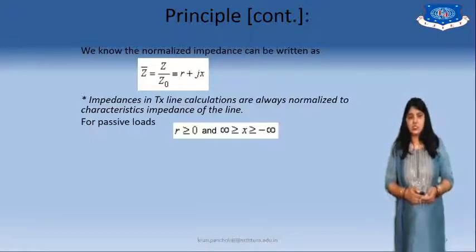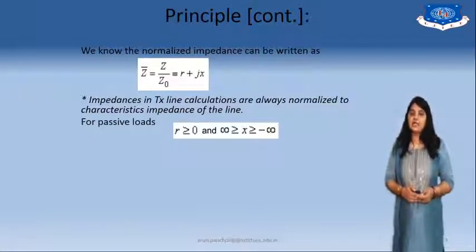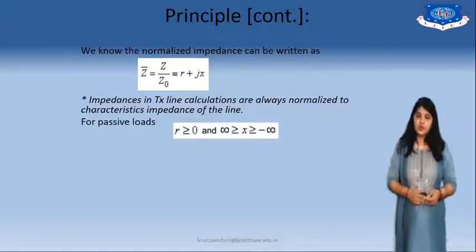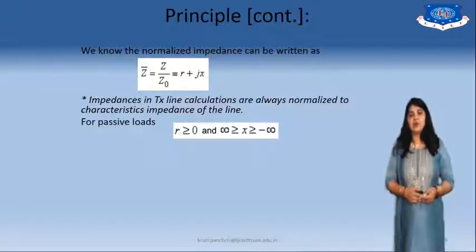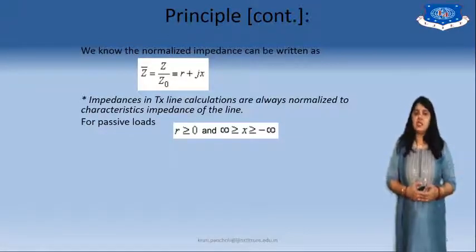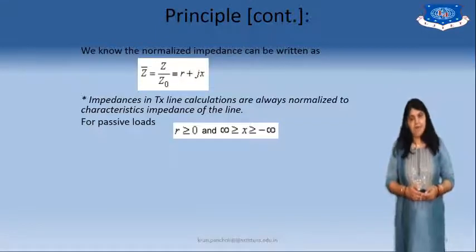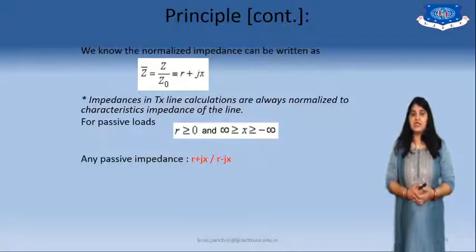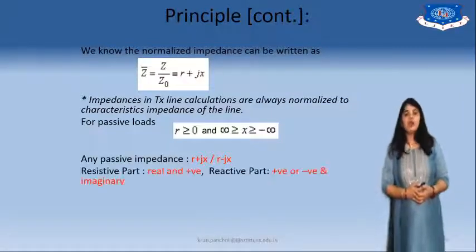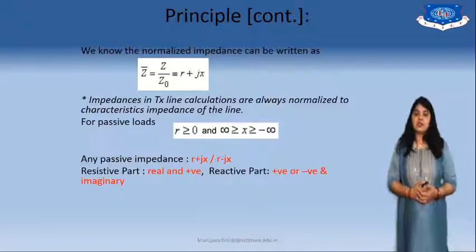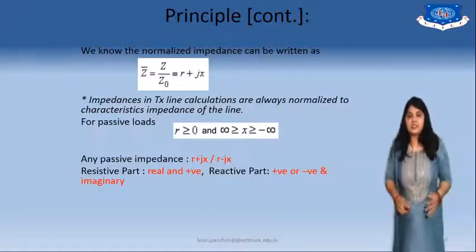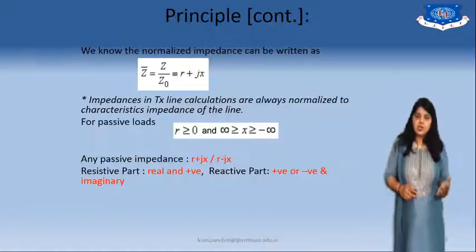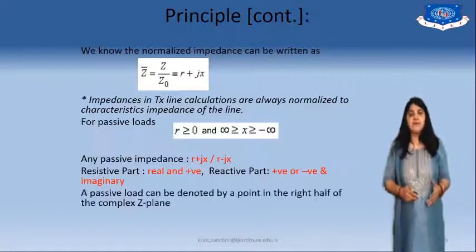For passive loads, this R value is greater than or equal to 0, and the X value is between plus infinity and minus infinity. So for a passive impedance R plus jX, the resistive part is real and positive, and the reactive part is positive or negative, imaginary.